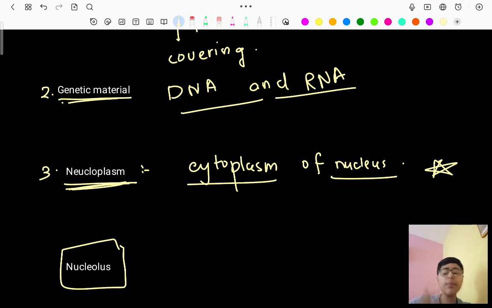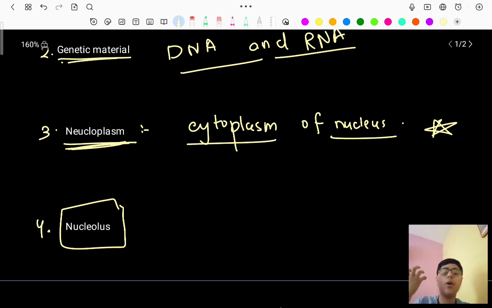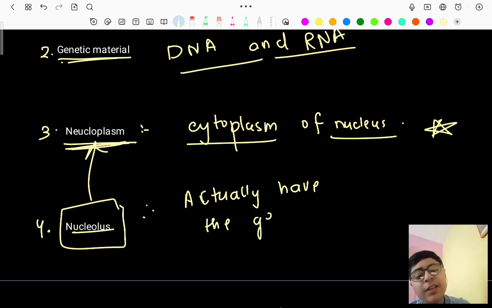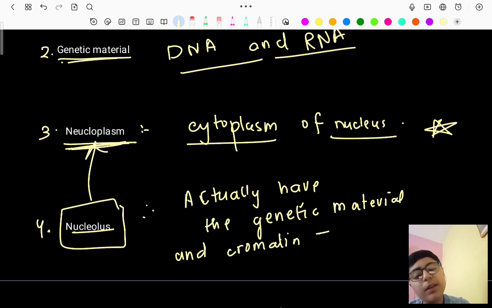In that nucleoplasm, we have our fourth structure, the organelle of the nucleus itself, which is nucleolus. So basically the nucleolus is present in the nucleoplasm, and the nucleus has the genetic material and chromatin threads.